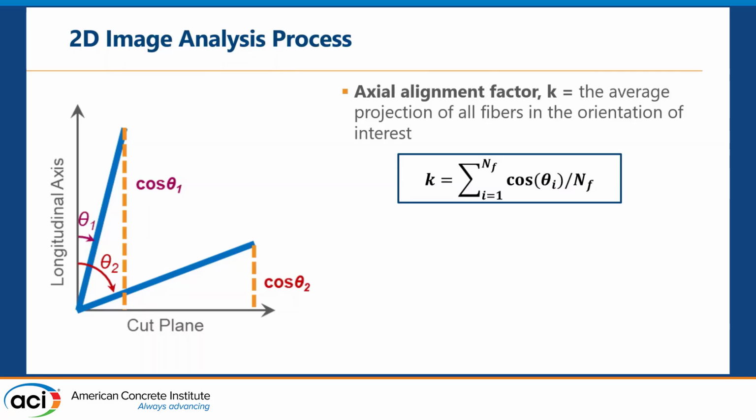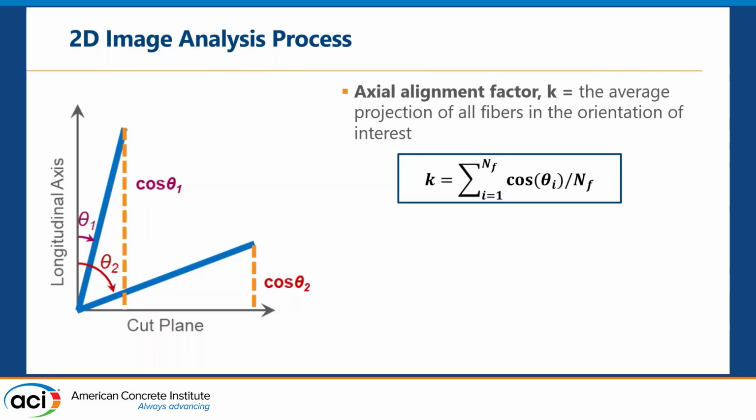What we want to understand is the contribution of the fibers to the reference orientation. We consider the contribution of each fiber proportional to the projection of that fiber onto the reference orientation, which turns out to be cosine theta.